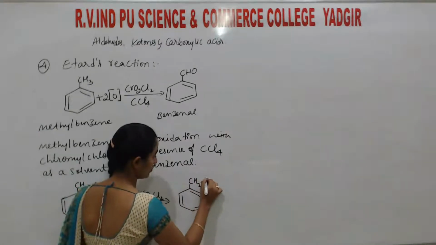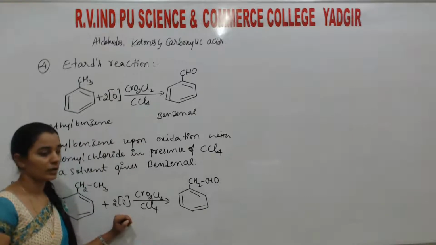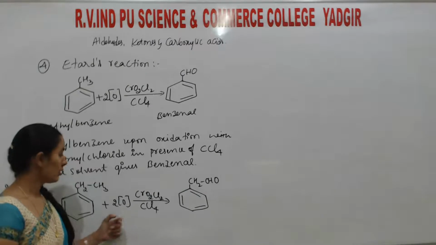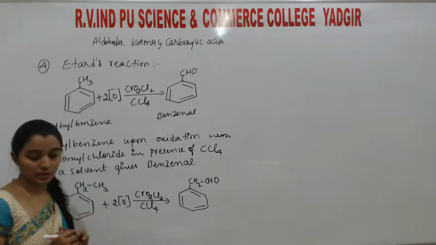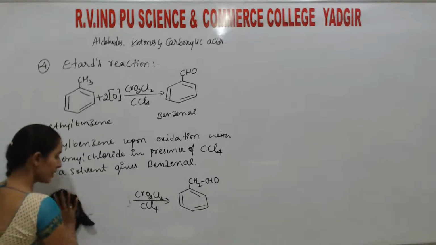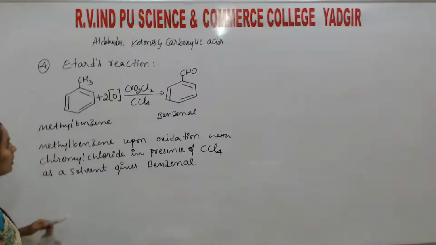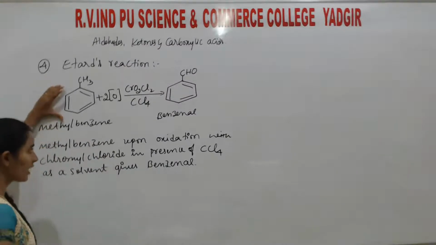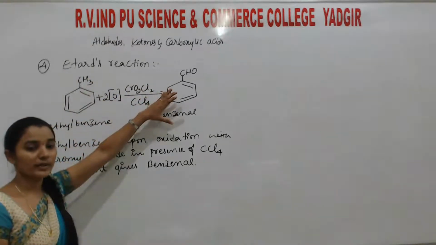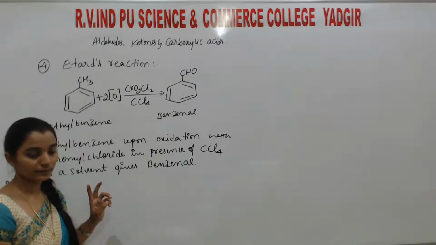The product formed is this one. So this is our Etard reaction. Instead of taking this, I am taking this one as a particular example, because by taking methyl benzene, it explains the formation of benzaldehyde. This Etard reaction is important for 2 marks.